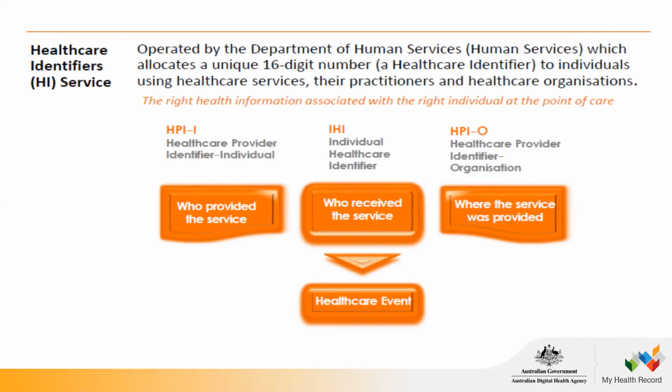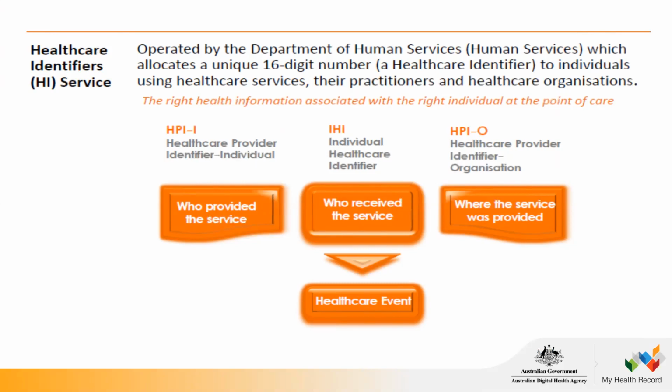Generally that number is linked to each healthcare provider's AHPRA registration. If the healthcare practitioner is not AHPRA registered, and some professions at the moment are not, such as dietitians or speech pathologists, they can still get an HPII. They just have to fill in a different form. However, in terms of what we need for tonight, you'll just need to make sure that if you're going to link individual practitioners to your organisation, the practitioners provide you with their HPII.